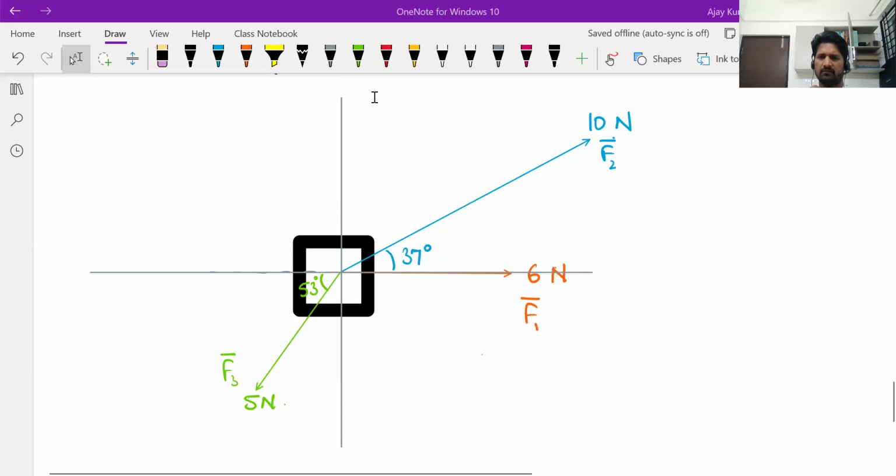I got one answer as 11 Newton. No, that is not correct. Or maybe I should say it's an incomplete answer.